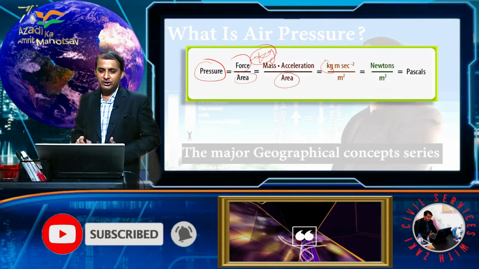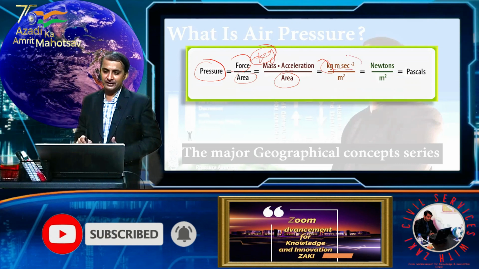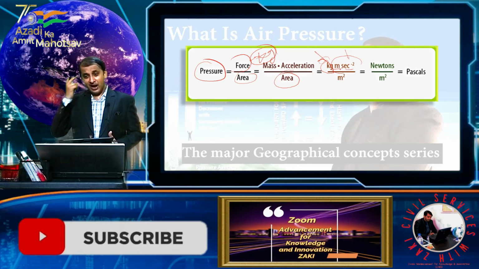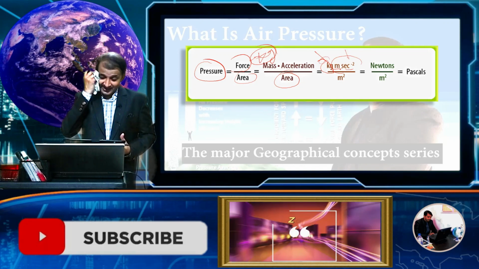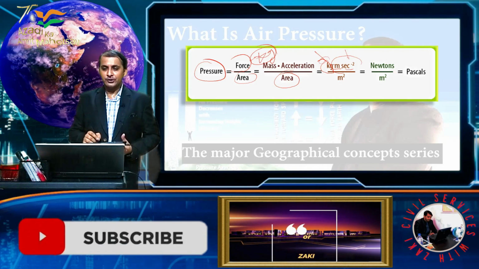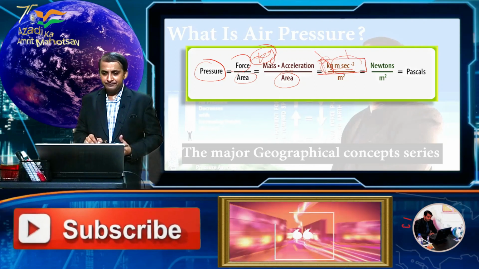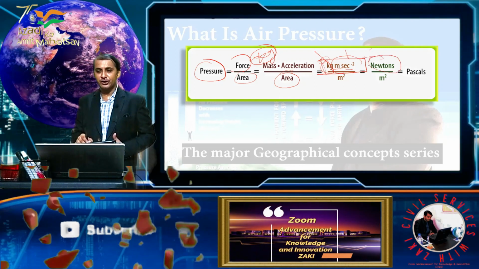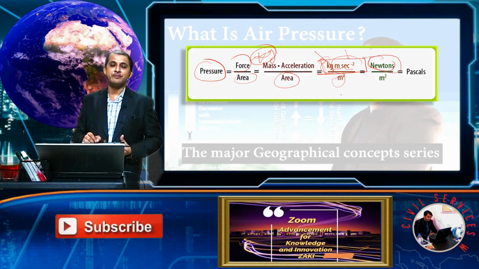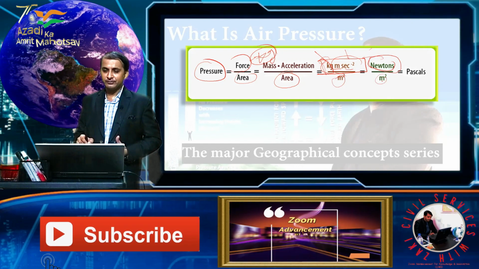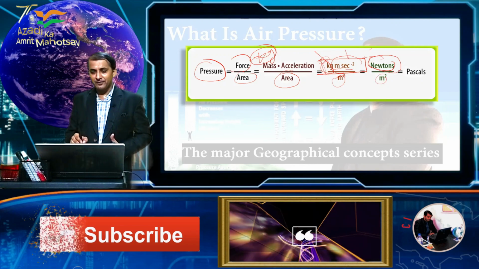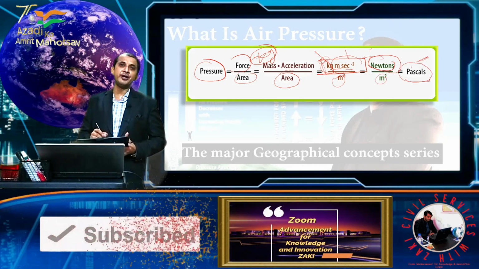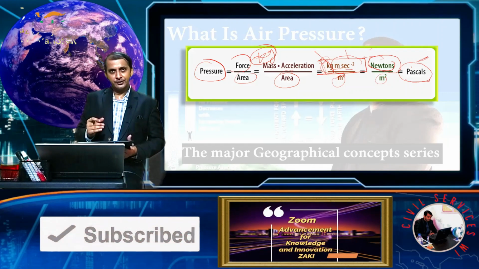So kilogram meter per second squared is called Newton, and area is meter square, so Newton per meter square is called pascal. So pascal is the unit of pressure.